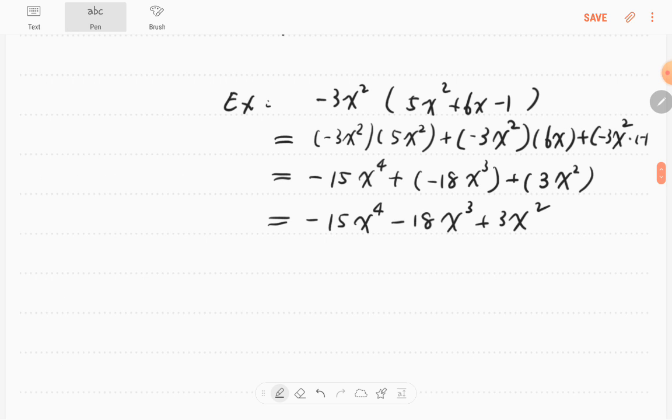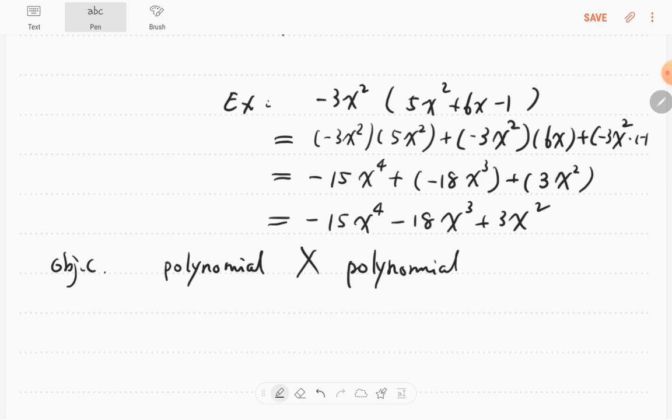Okay, so next we will talk about polynomial times another polynomial. So let's check the example.